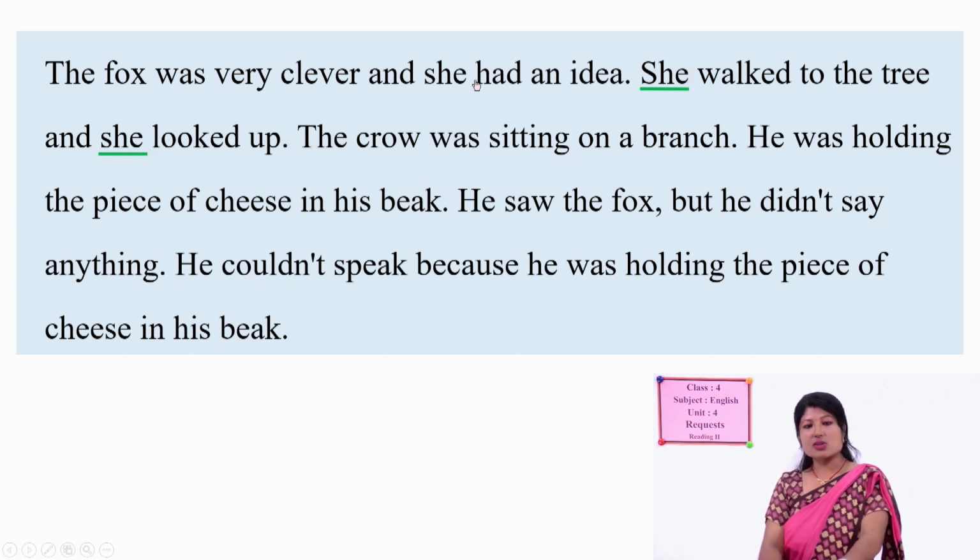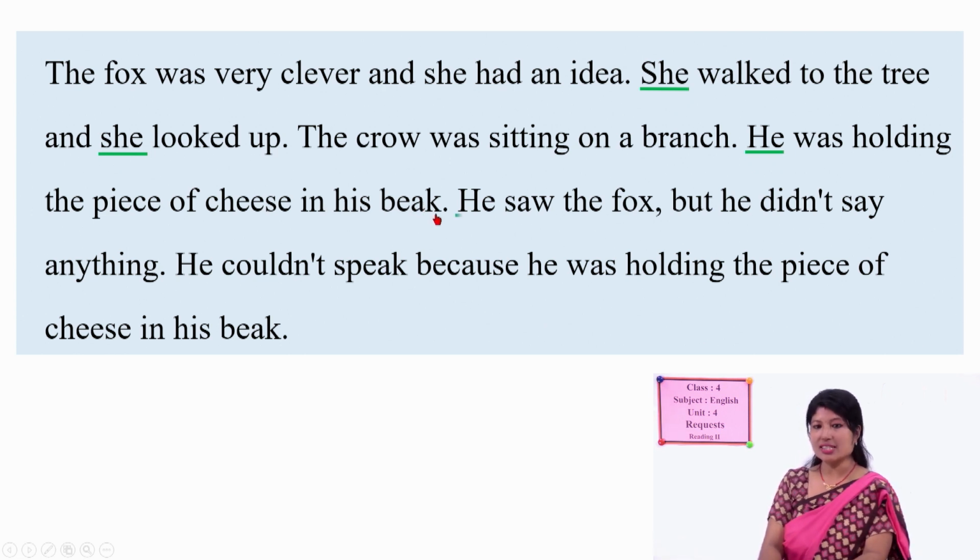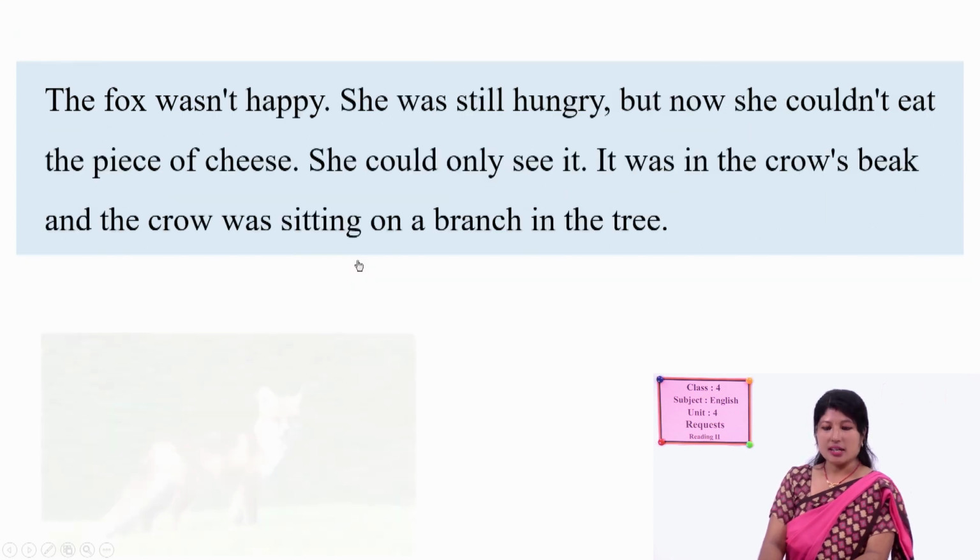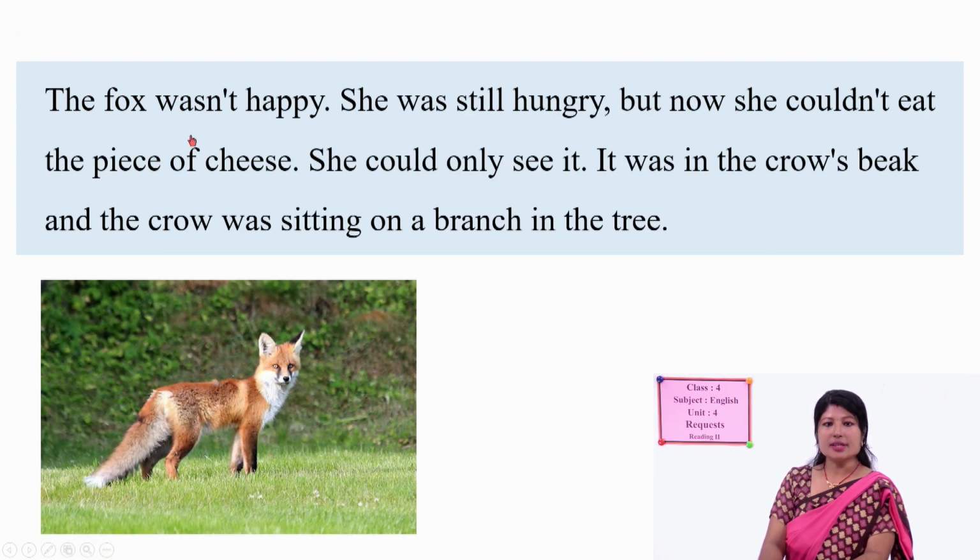So this is already made. Instead of he, she, and then he was holding the piece of cheese in his beak. This is crow. He is crow over here. He saw the fox. He did not say anything. He couldn't speak. This is all a crow. And here also she was still hungry.